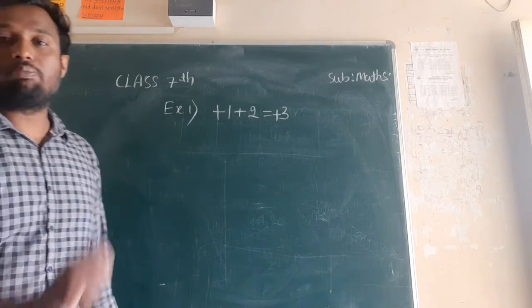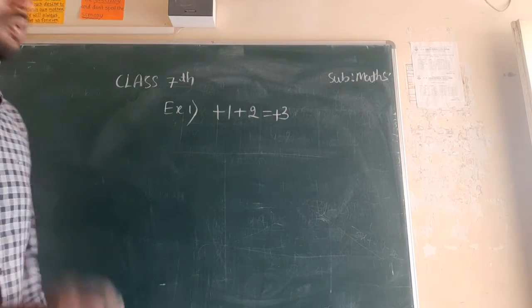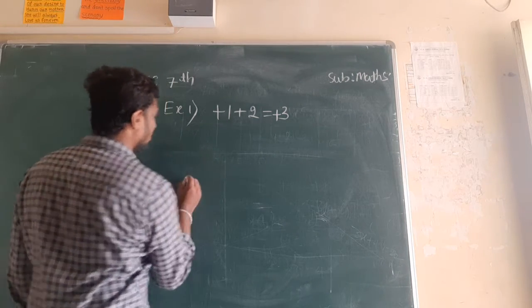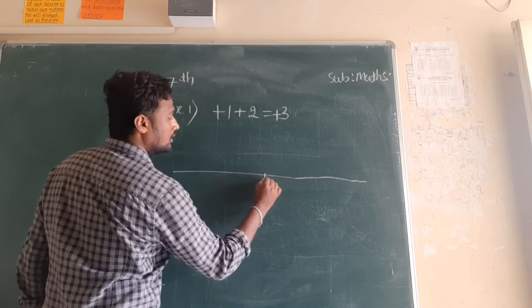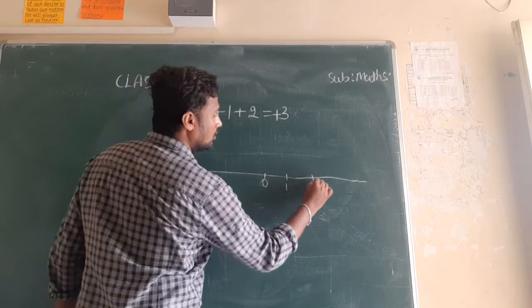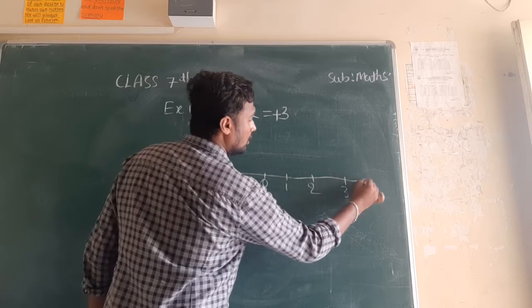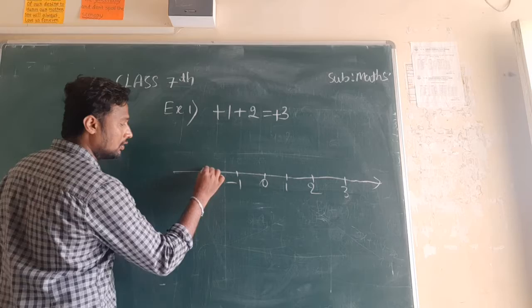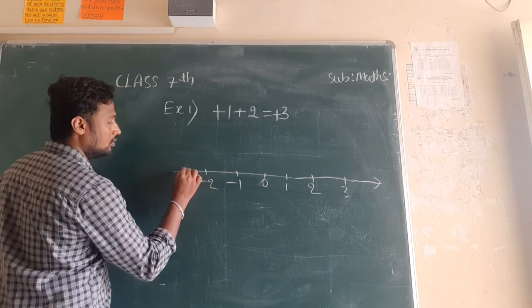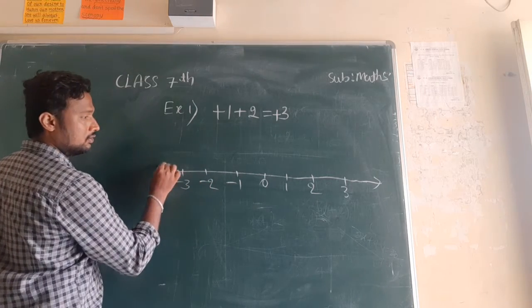Okay. So now we will compare this answer with the number line. Here I will draw the number line: 0, 1, 2, 3, and here on the left hand side -1, -2, -3.